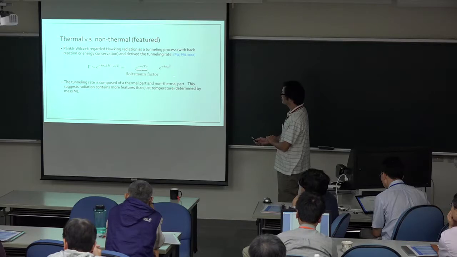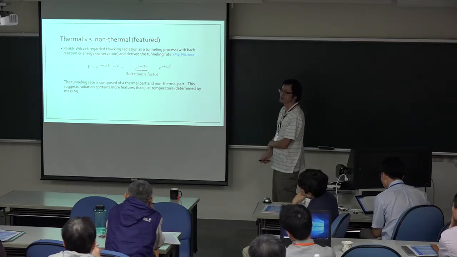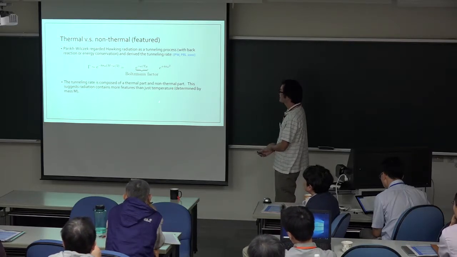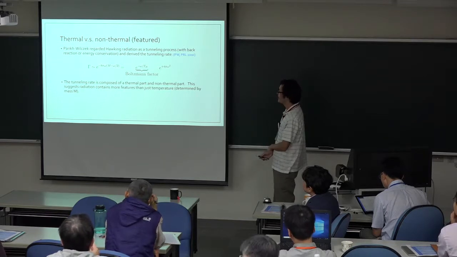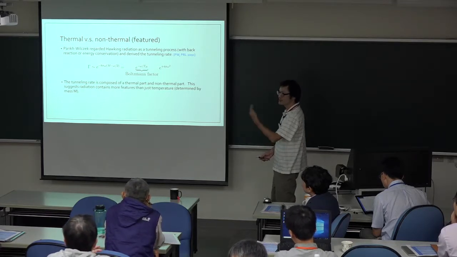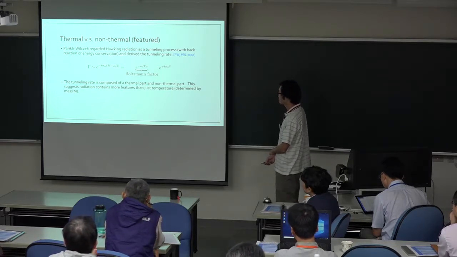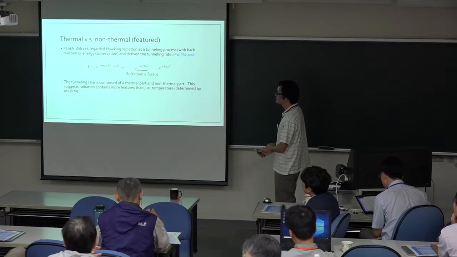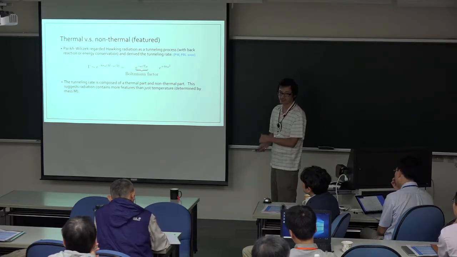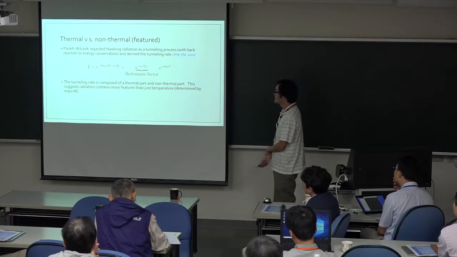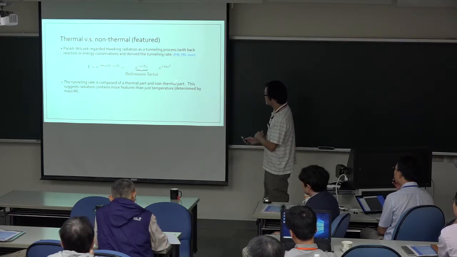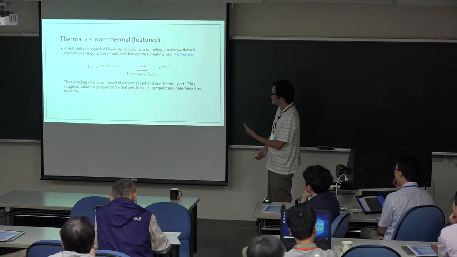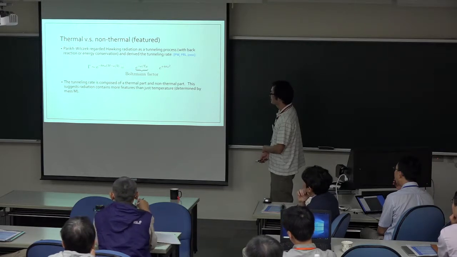Then the new feature is, of course, the second term, which comes with this omega squared. The omega is the radiation coming out of the black hole. So this term looks like some kind of self-interaction because it's an omega squared term. And of course, you can say this is a nonlinear, non-thermal part of this radiation.